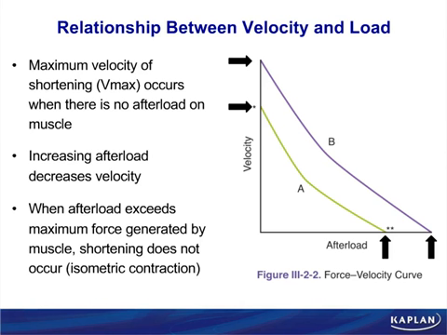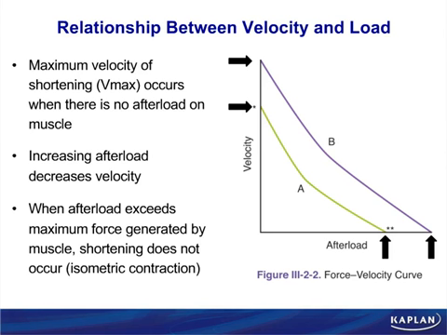Now we get to the point where afterload exceeds the maximum force generated by the muscle. Now the muscle doesn't shorten. So this represents, where we drew the arrows, the x-intercept represents maximal isometric force, which we talked about in our experimental setup in the previous slide.